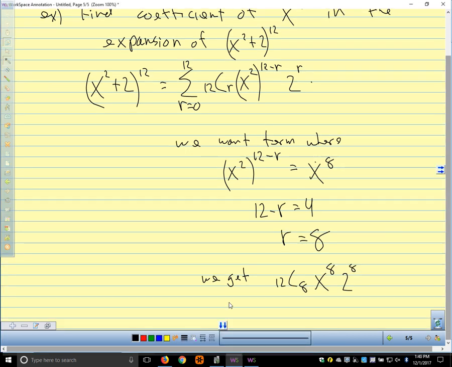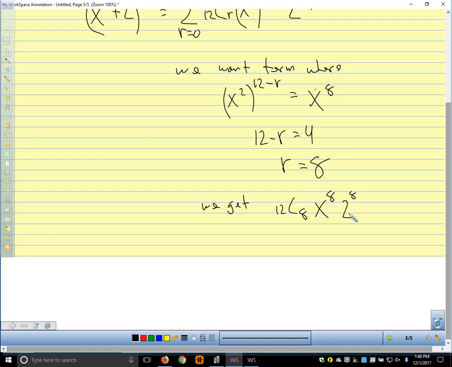So my coefficient is 12 choose 8 times 2 to the 8th, and that equals 126,720 x to the 8th. And the coefficient that we're interested in is that number. And this is way easier than calculating out all those terms.